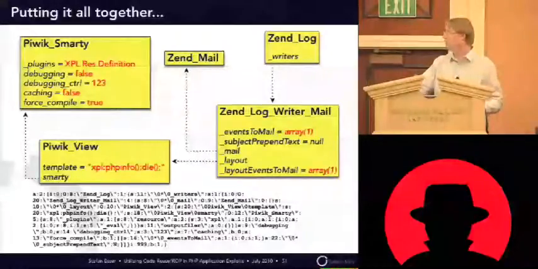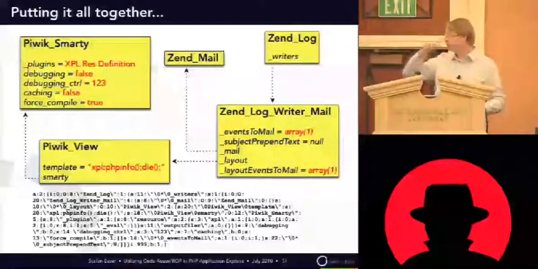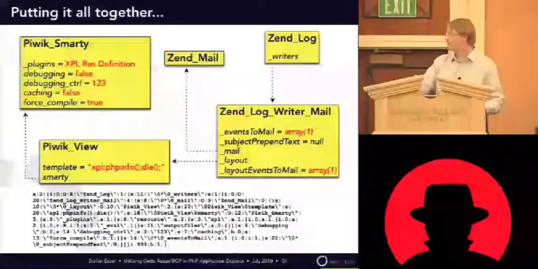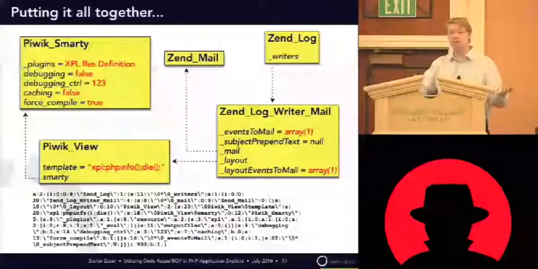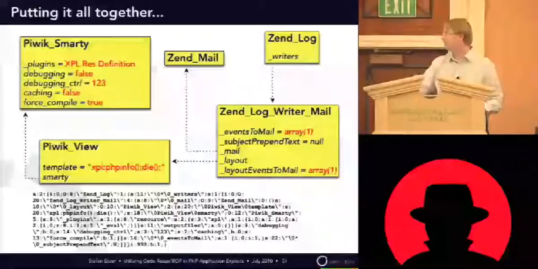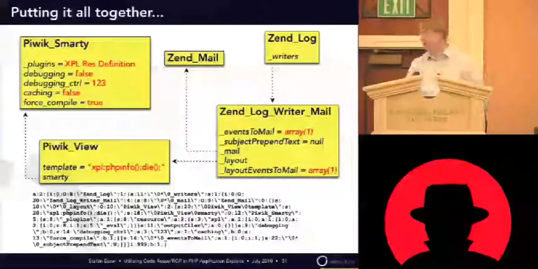You see in the PivotX view, there's a template property, and you just say it's XPL for the XPL resource you just injected, colon, and then the code you want to execute. And you can put anything you want in there. So, okay, this is PivotX.